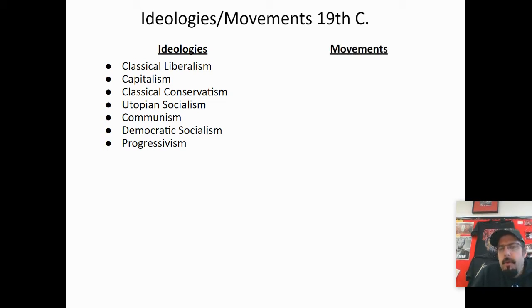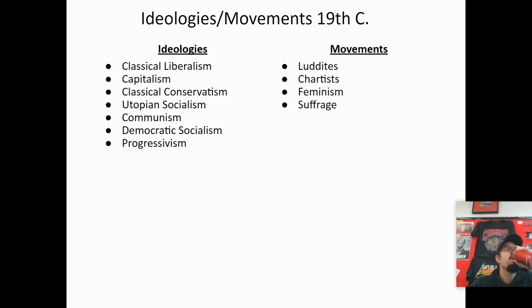There were a number of movements also that came in response to classical liberalism. You have the Luddites, who didn't like the change and wanted to go back in time. You had the Chartists who wanted more democratic rights. Ultimately, they failed too. You have the rise of feminism, eventually, with equal rights, equal voting, job opportunities, etc. You have the suffrage movement, voting rights for not just wealthy white men, but basically anybody that's 18 and over.